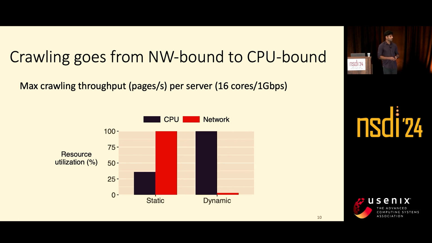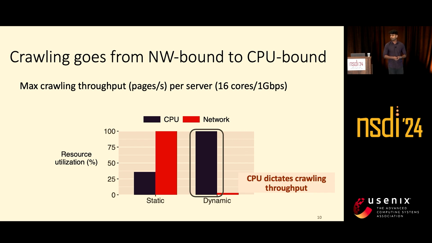On the other hand, when we repeated this experiment for the dynamic crawler, we observed something very different. In this particular case, CPU was the resource that got saturated first, indicating that dynamic crawlers are CPU bound. More interestingly, the resource utilization between CPU and network was so high that you would need about 500 cores to even fully balance a 1 gig network.